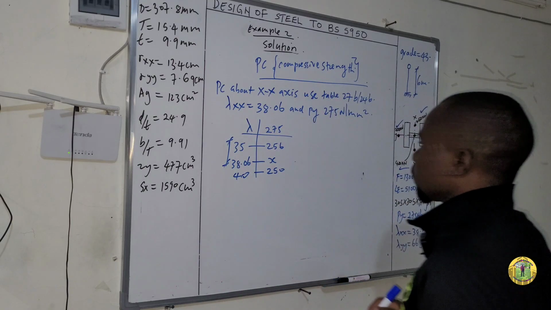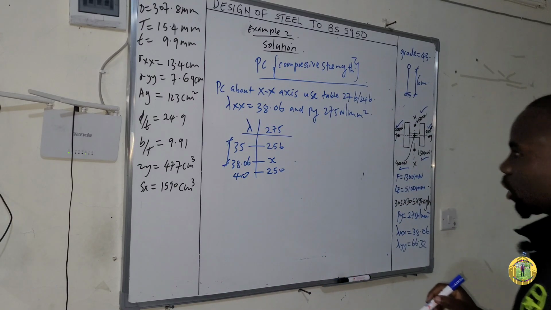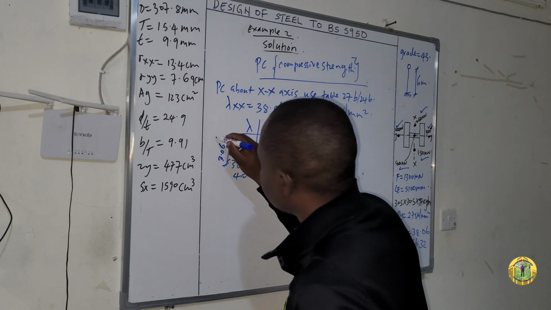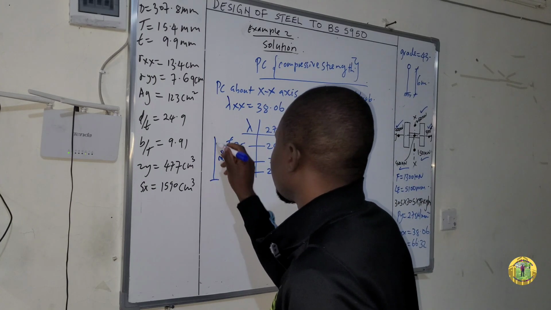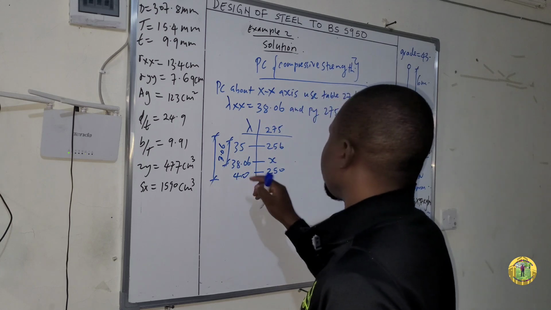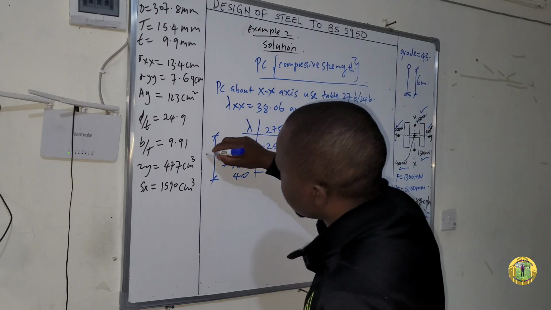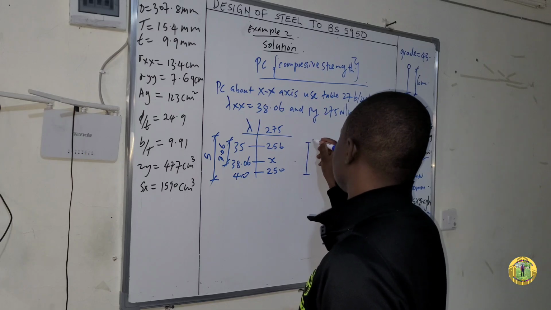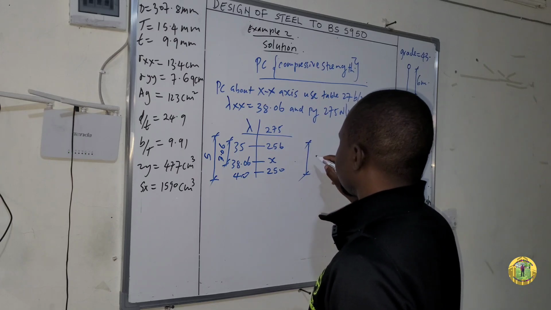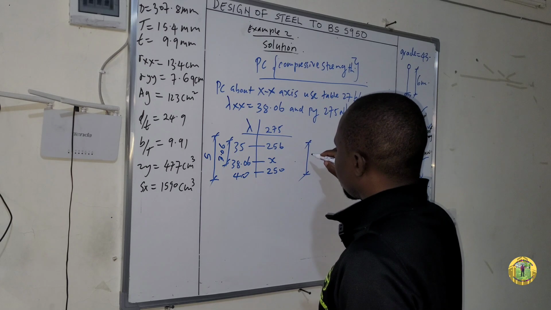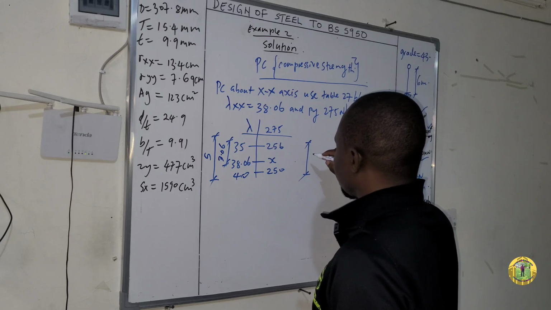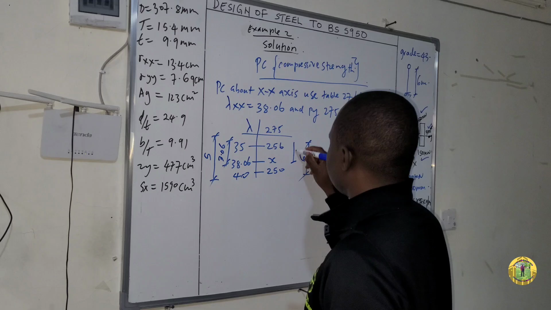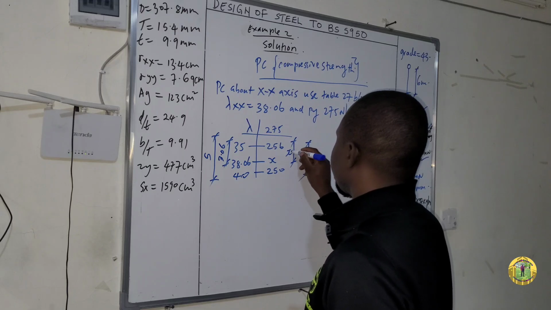So 38.06 minus 35, this is 3.06. And then again, 40 minus 35, this is 5. Also get the difference between these two. So 256 minus 250, this is 6. And this one here, we assume is x.